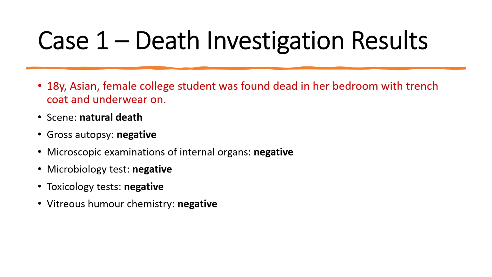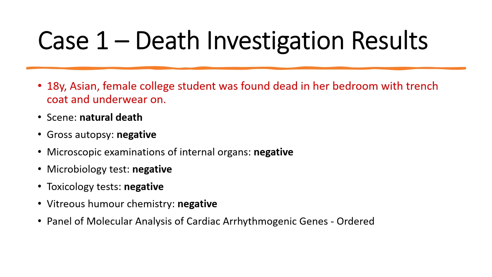The decedent was an 18-year-old Asian female college student who was found dead in her bedroom with a trench coat and underwear on. Scene investigation, gross and microscopic examinations were negative. Microbiological test, toxicological test, and the vitreous humor chemistry analysis results were all negative.